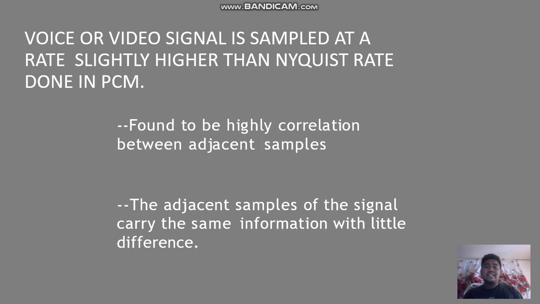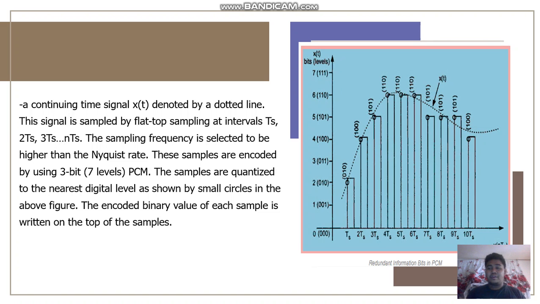Voice or video signal is sampled at a rate slightly higher than the requisite rate used in PCM. It is found that there is high correlation between adjacent samples, and the adjacent samples of the signal carry the same information with little difference. So here's an example. A continuous time signal x(t) is denoted by a dotted line. This signal is sampled by flat top sampling at intervals Ts, 2Ts, 3Ts, and nTs.